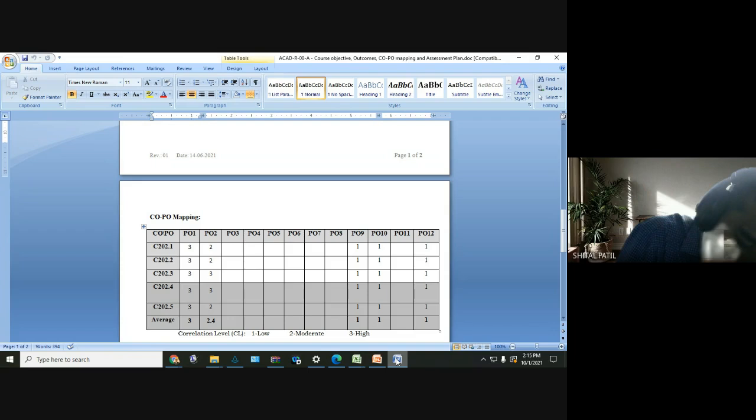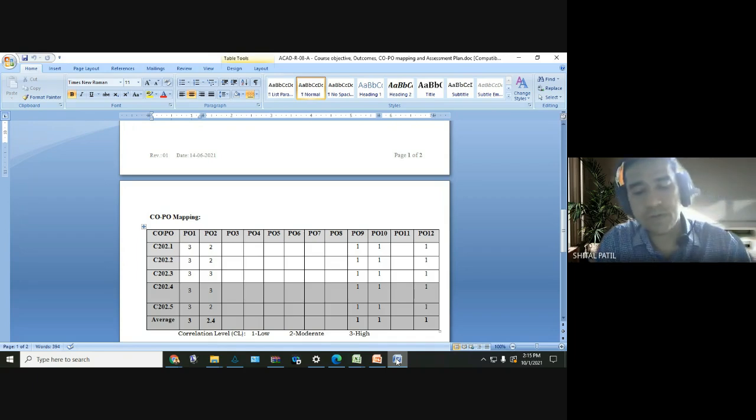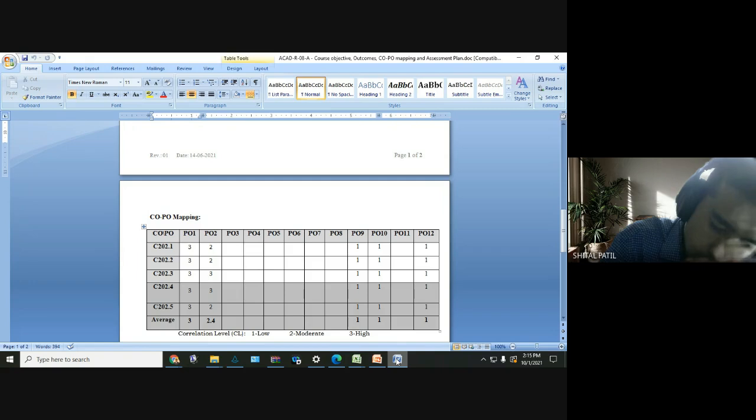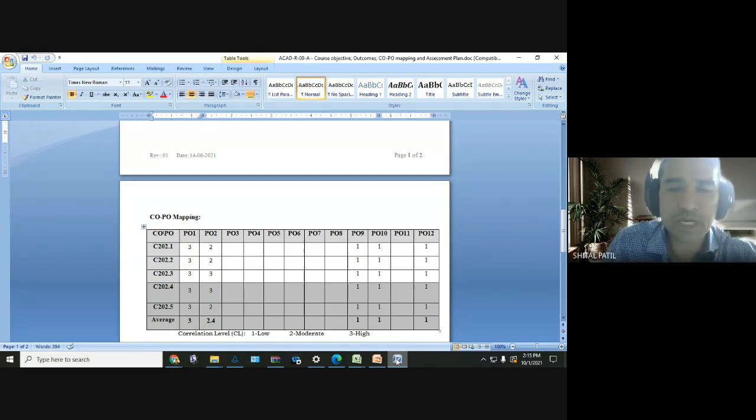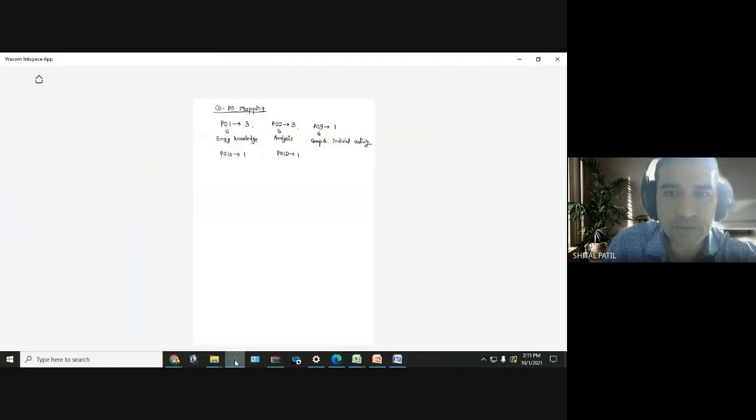This is about how we are using the engineering knowledge. This is about the analysis part. This is about group and individual activity: whether you are able to work in a group or not, whether you are able to work independently or not, that will be specified by PO9.